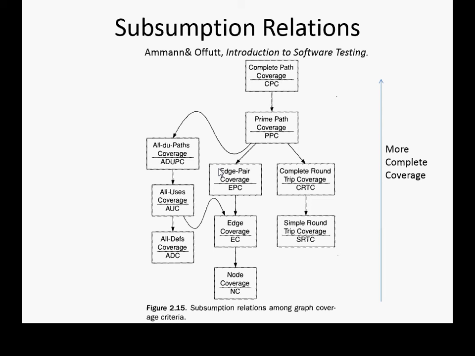If you've achieved edge pair coverage, possible pairs of edges, then you've achieved edge coverage. You can create a hierarchy of these. It's a partial order, not a complete order. Complete path coverage is the foremost.